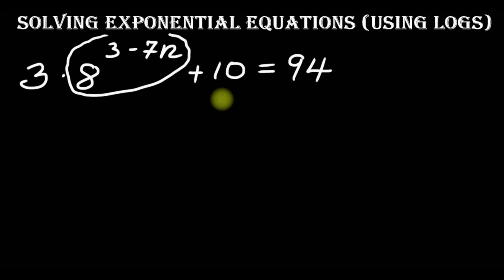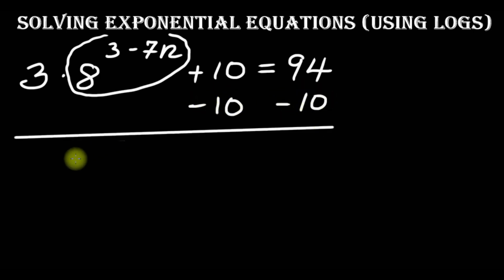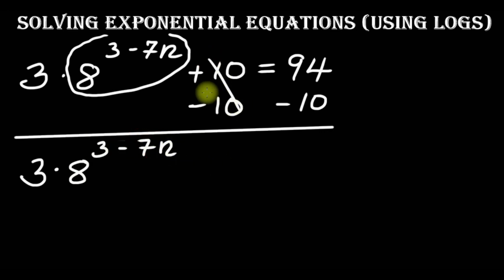So I have to get rid of the plus 10 and the multiplication by 3. To get rid of the plus 10, I minus 10 on both sides. So then I have 3 times 8 to the 3 minus 7n, these are gone, is 84.